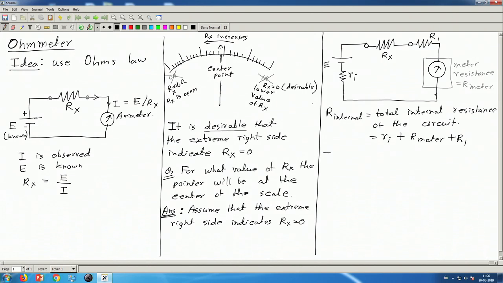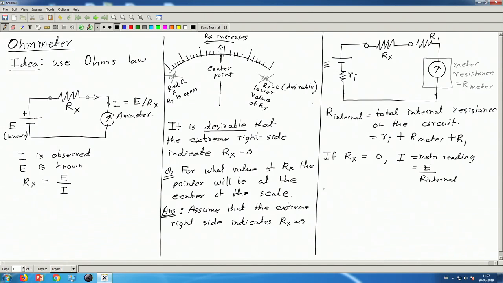Now, if Rx is equal to 0, then the current I that will flow through this meter, or the meter reading, will be equal to E by R internal.